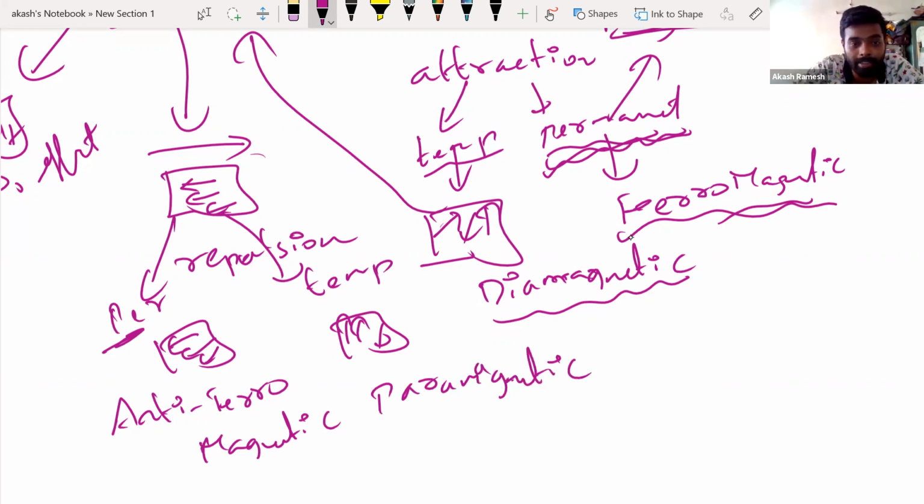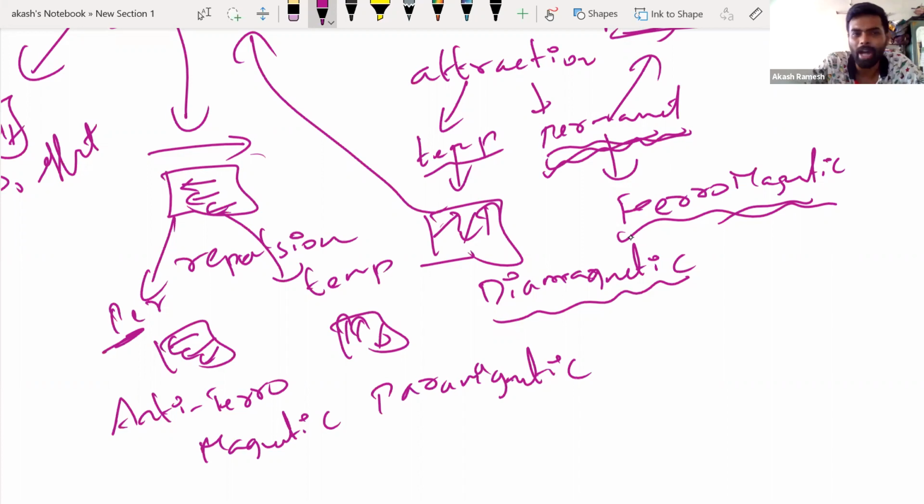So permanent repulsion is antiferromagnetic, temporary repulsion is paramagnetic. Same way, permanent attraction is ferromagnetic, temporary attraction is diamagnetic. I hope this is all very clear.